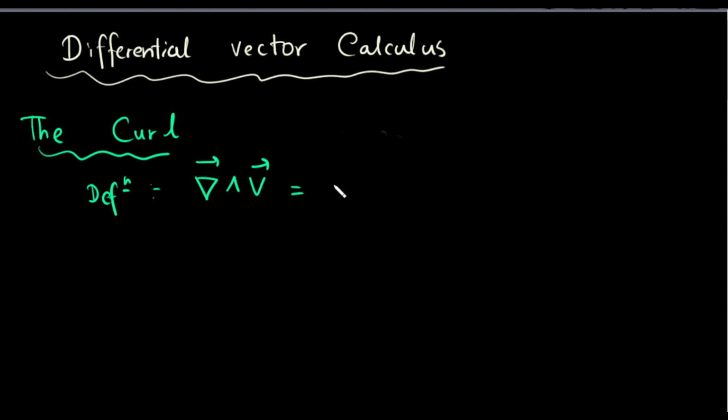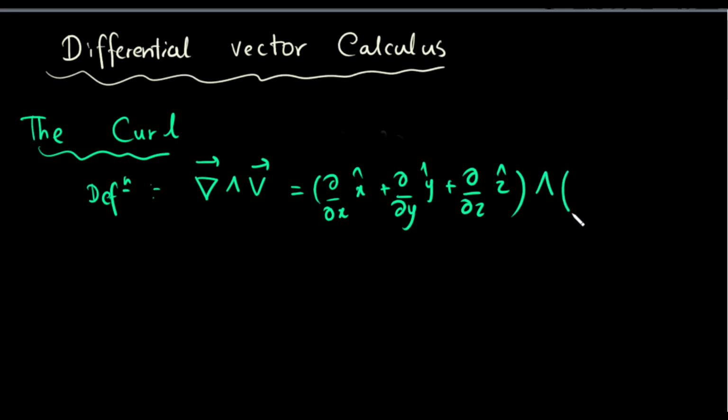So you have to use del over del x hat, and del over del y hat. This is the del operator. Now you have the cross product with Vx x hat, Vy y hat and Vz z hat. So this is my V vector.